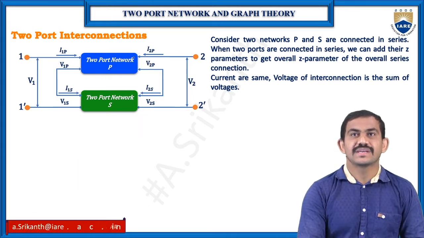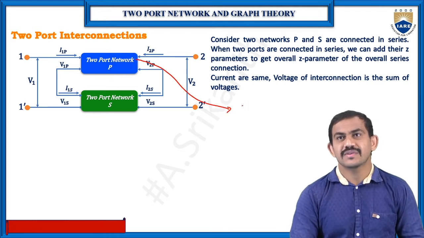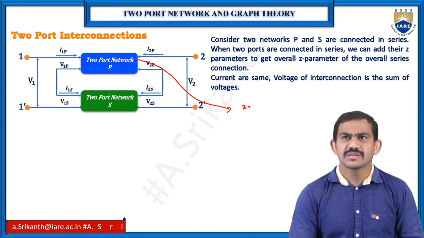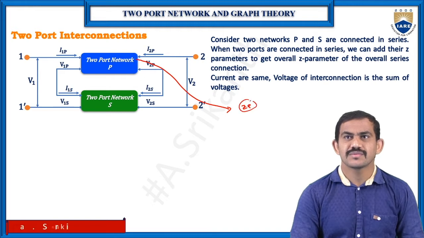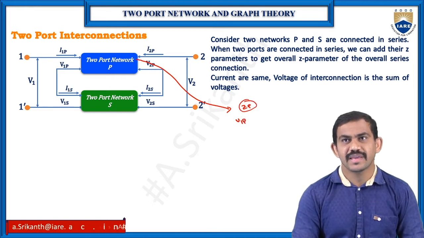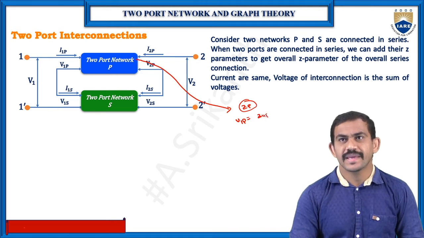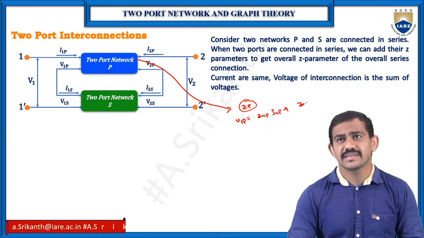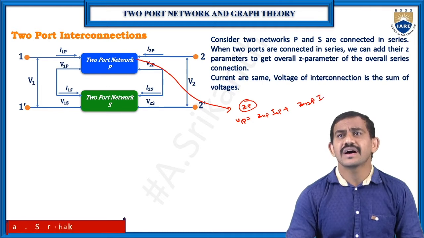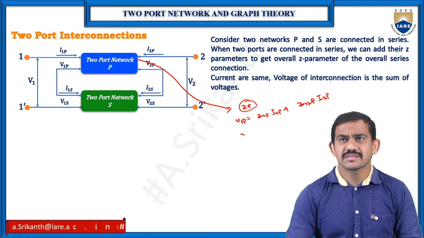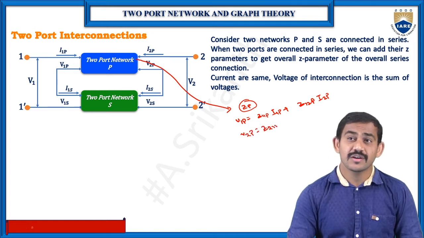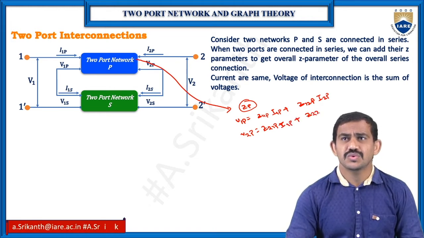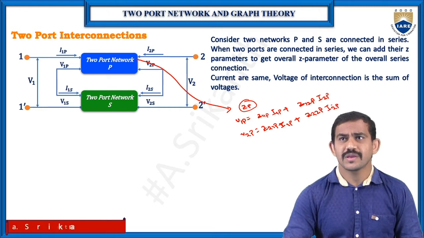So for the P network, V1 of P equals Z11 of P into I1 of P plus Z12 of P into I2 of P. Same thing, V2 of P equals Z21 of P into I1 of P plus Z22 of P into I2 of P.